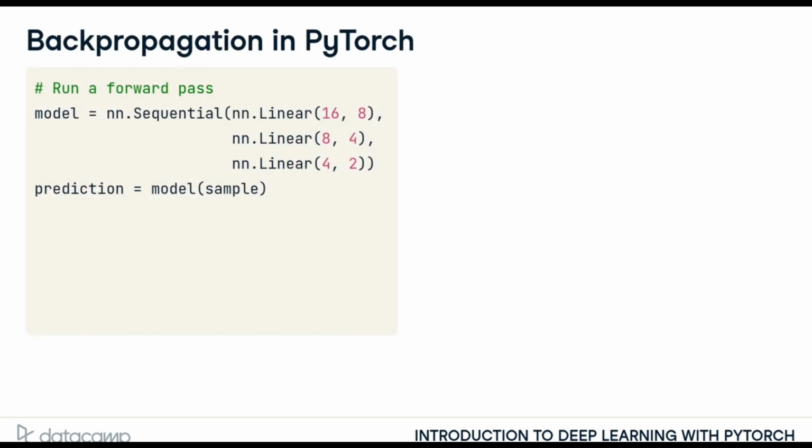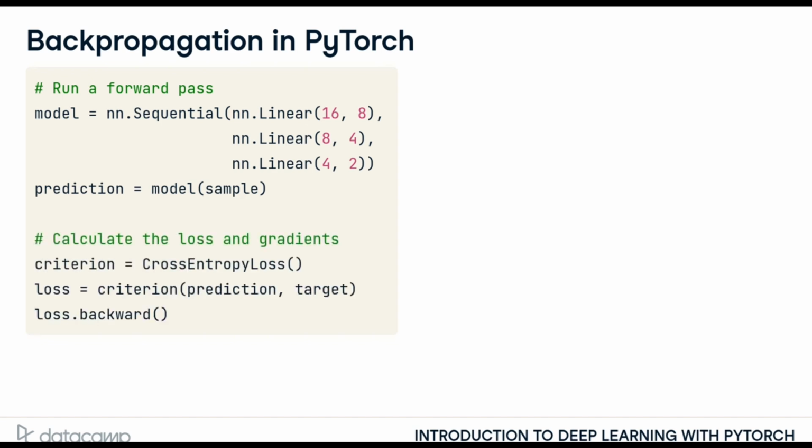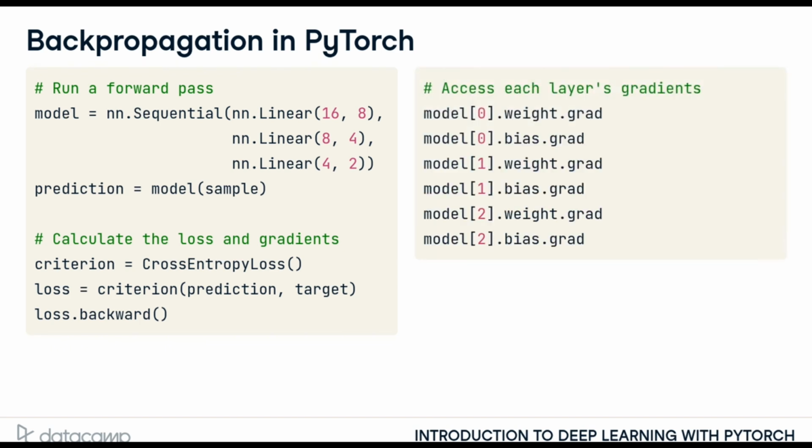After running a forward pass, we define a loss function, here cross-entropy loss, and use it to compare predictions with target values. Using .backward(), we calculate gradients based on this loss, which are stored in the .grad attributes of each layer's weights and biases.